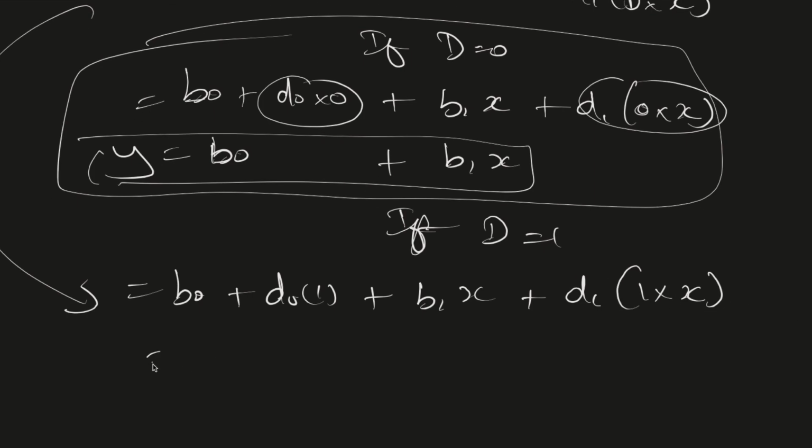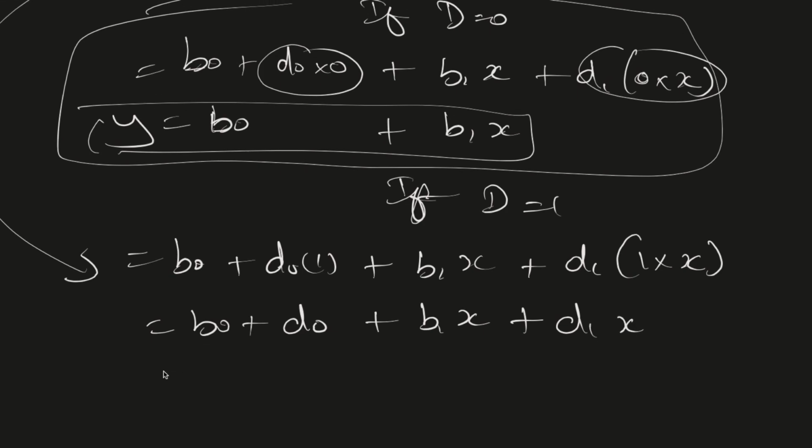That is equal to b0 plus d0 plus b1x plus d1x. Now I'll take the common factor out: (b1 plus d1).